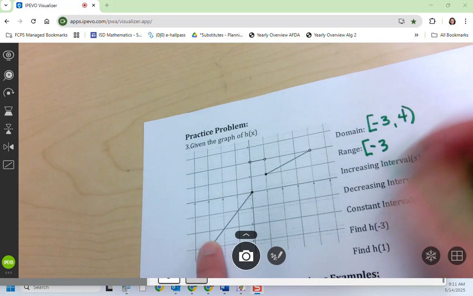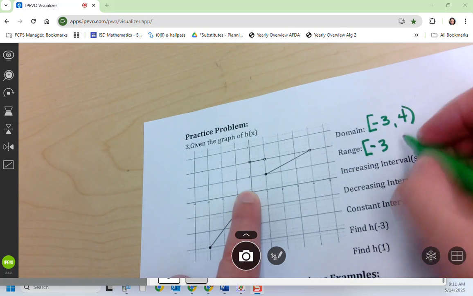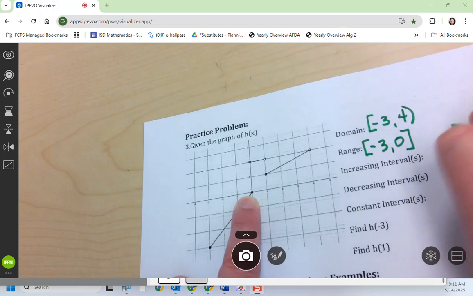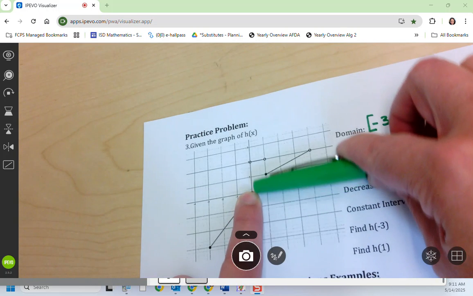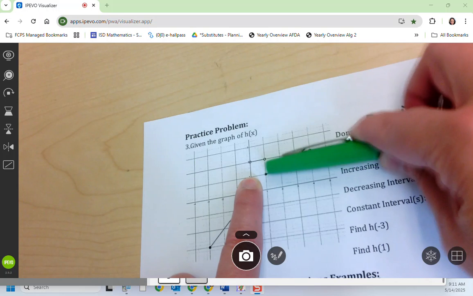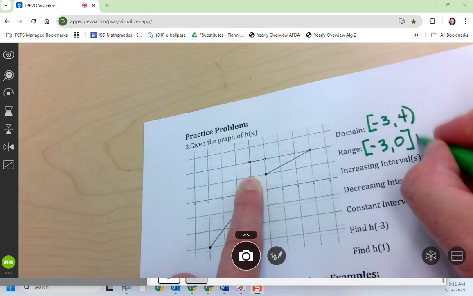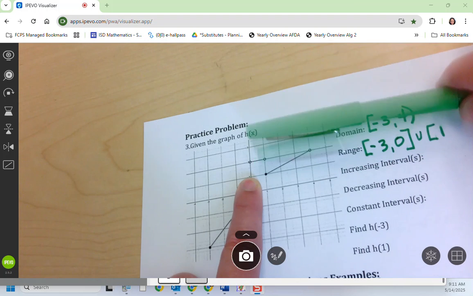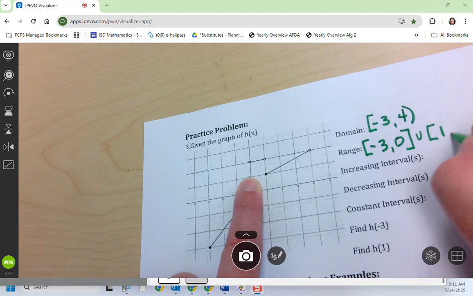So we have to write this piece separately, -3 up to a y value of 0, with a square bracket. And then there's a gap, and then the graph picks up again at a y value of 1. And it continues up to 2.